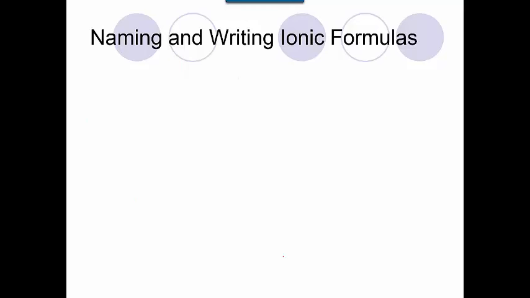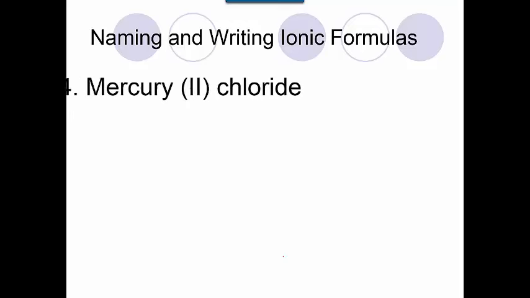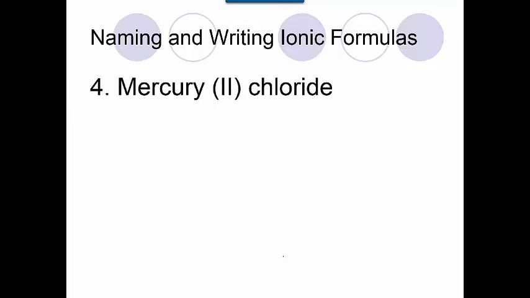Now we're going to throw in something a little different. We talked about this in the last video. We mentioned what this means when you have the name of something with a Roman numeral behind it. Okay, first of all, let's get our symbol for mercury. So we know mercury is Hg. Now when you have a Roman numeral behind the element, that told us what the charge on the element was.